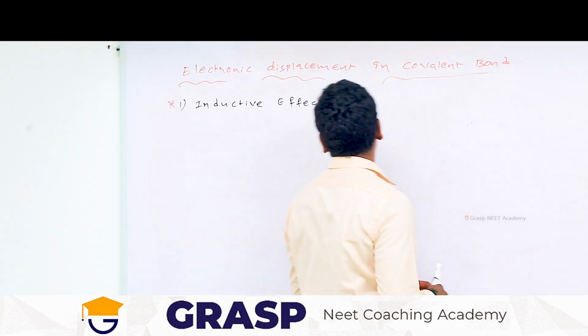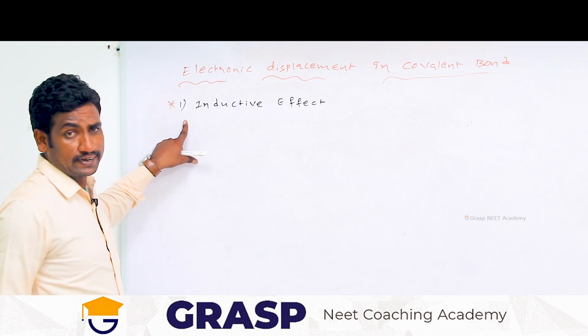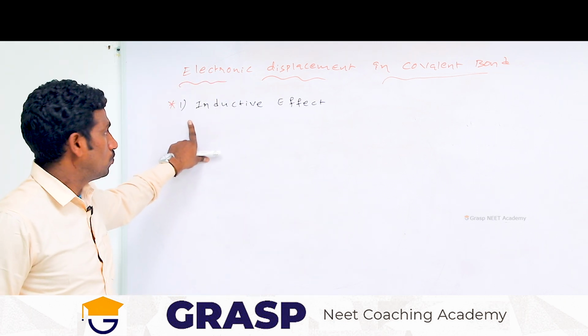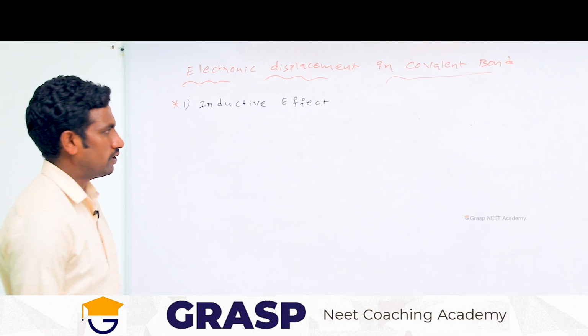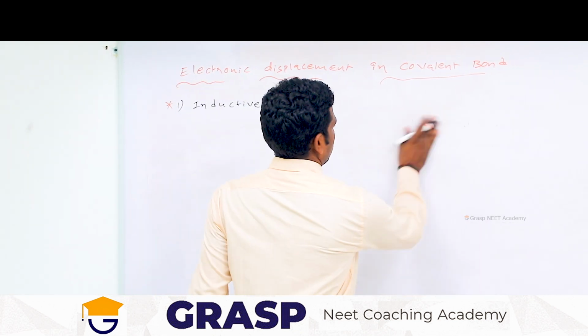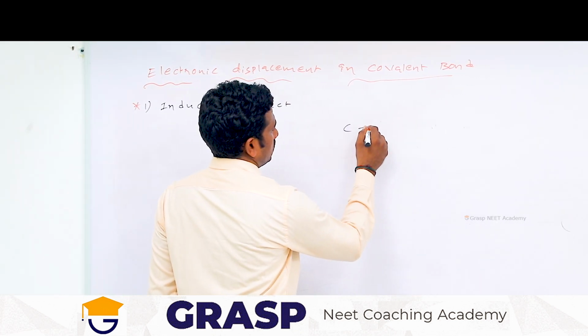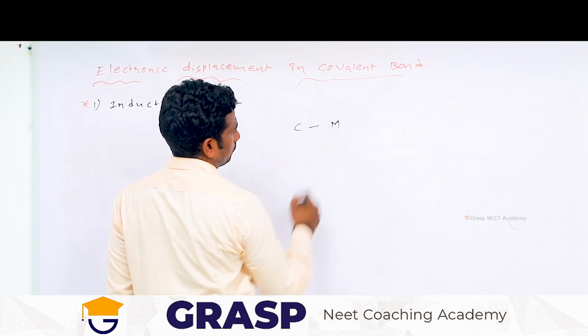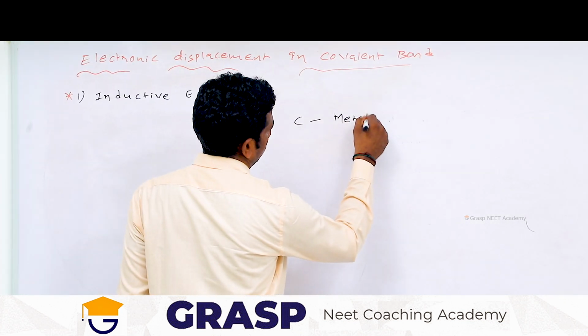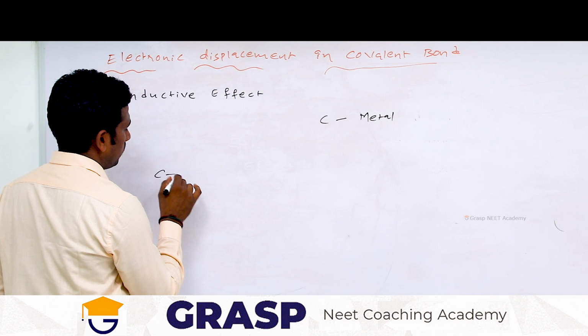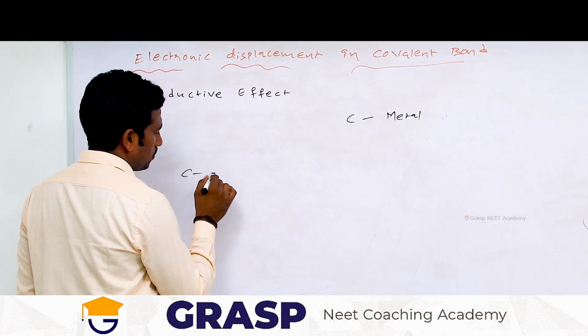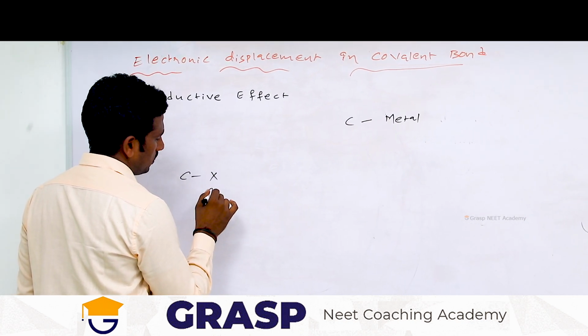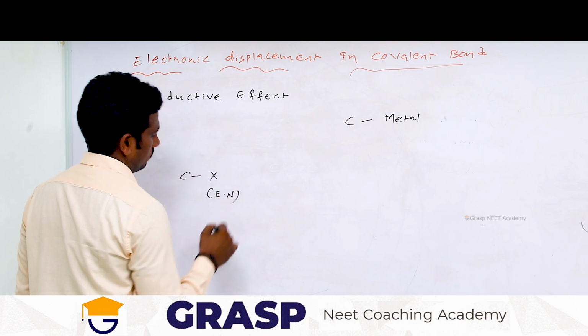What is the inductive effect? First you see that one. For example, here I am taking a carbon bonded with a metal, and here a carbon bonded with some non-metals, which are more electronegative elements.